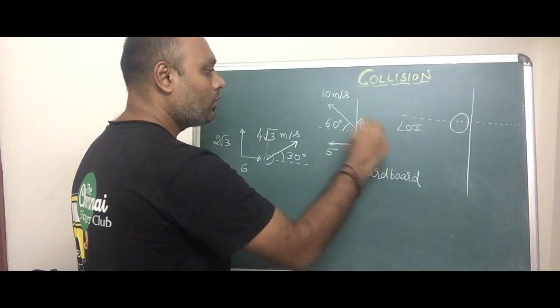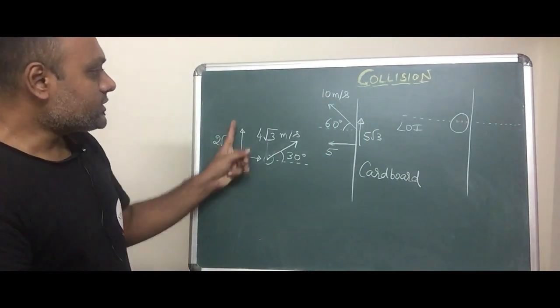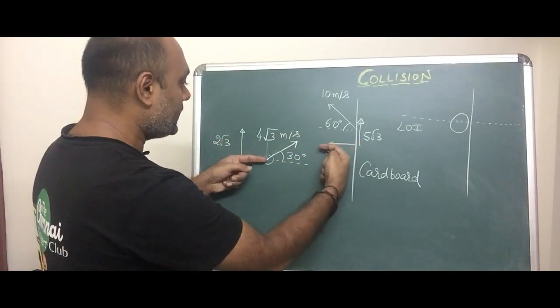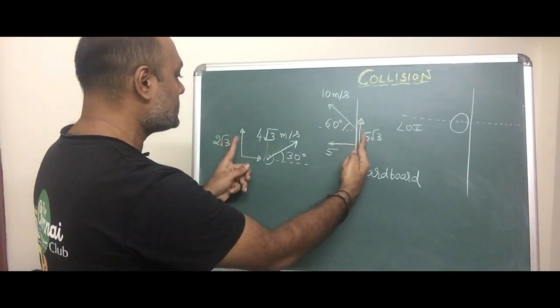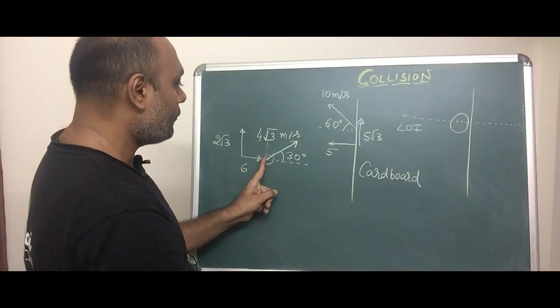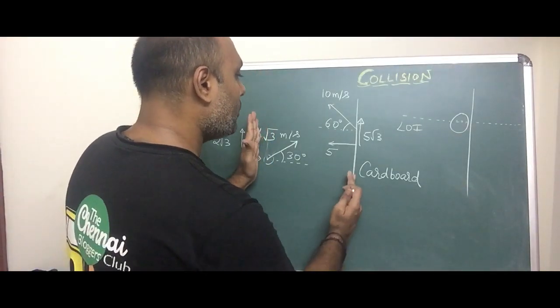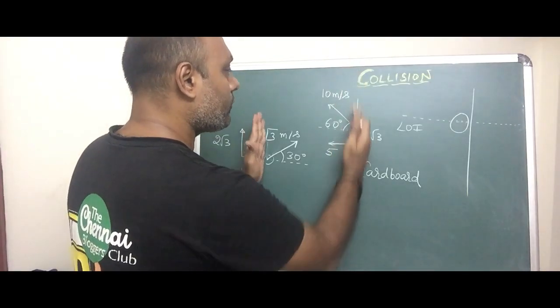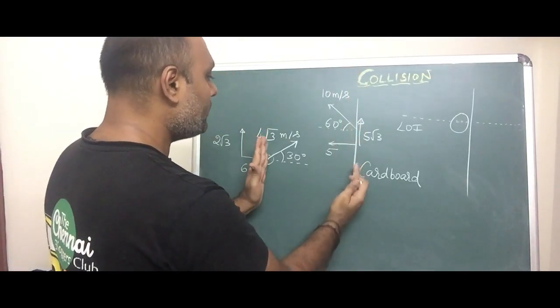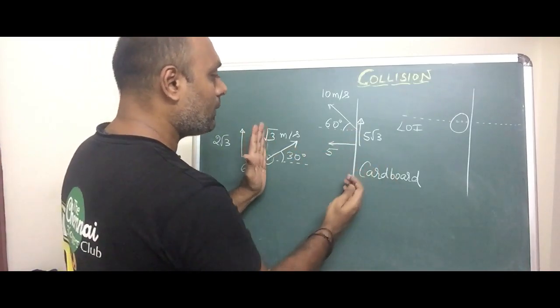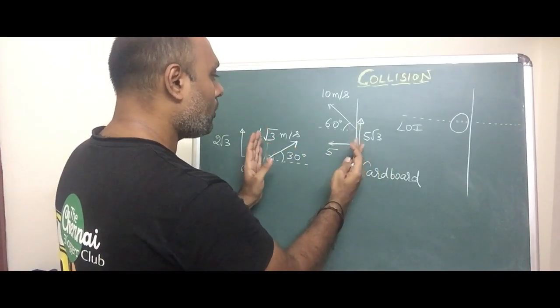Now clearly, this 2 root 3 and 5 root 3, let's say for example, if this 6 and 5 had not existed, and only 2 root 3 and 5 root 3 had existed, that is, if the ball had moved in this direction with 2 root 3 and the cardboard in this direction with a speed of 5 root 3, then the distance between the cardboard and the ball, that is, the perpendicular dropped from the ball to the cardboard, would never change.